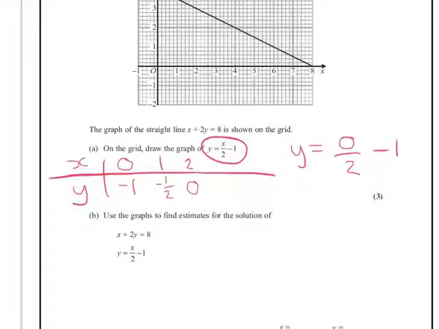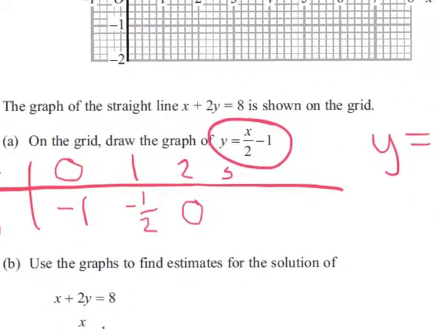Then we're going to have 3, and 3 over 2 is the same as 1.5, take away 1, which is a half. And if we keep going with 4, 4 over 2 is 2, take away 1 is 1. 5 over 2 is 2.5, take away 1, which is 1.5. And then 6 over 2 is 3, take away 1 is 2.